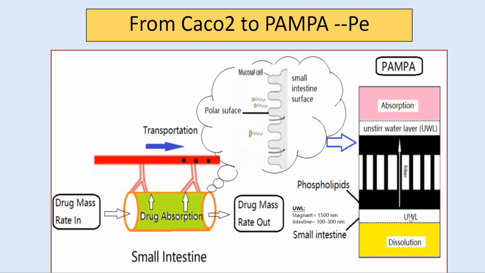In the stagnant case, the thickness is 1500 nanometer. However, the real intestine is about 100 to 300 nanometer. Therefore, both sides of the solution need to be stirred in order to mimic the human intestine thickness. Okay, that's the whole idea of the transform from KCO2 to PAMPA, and therefore it can be measured in the laboratory.